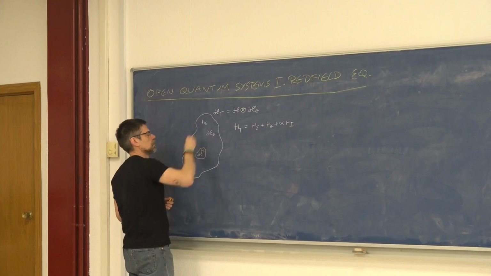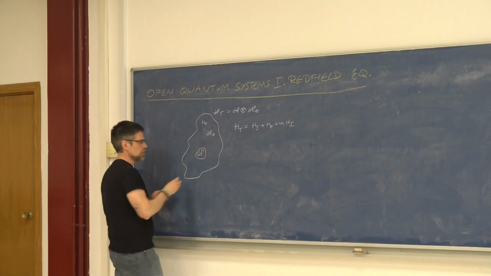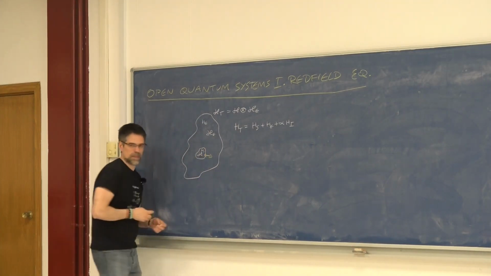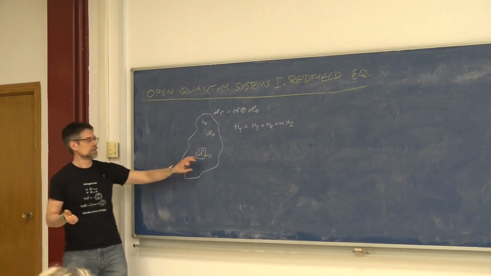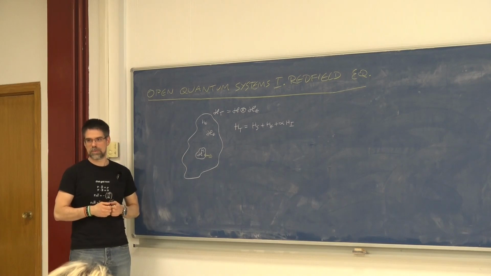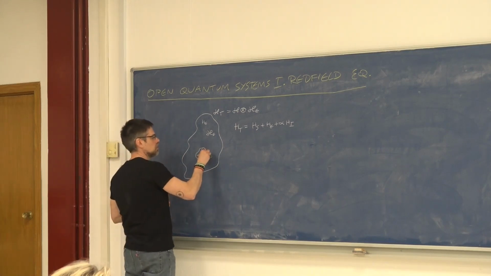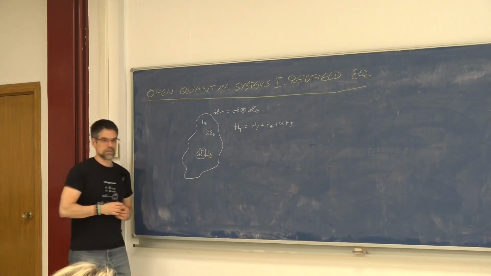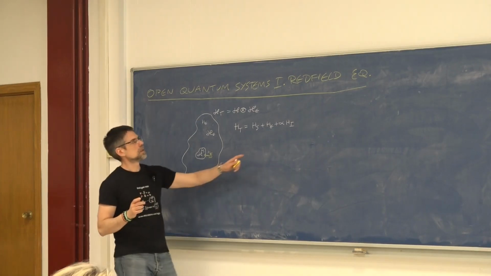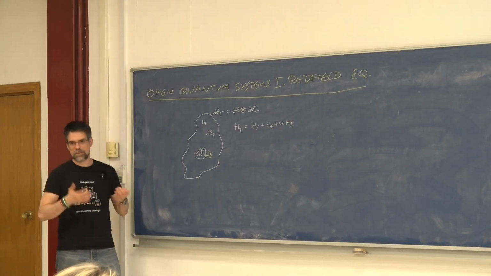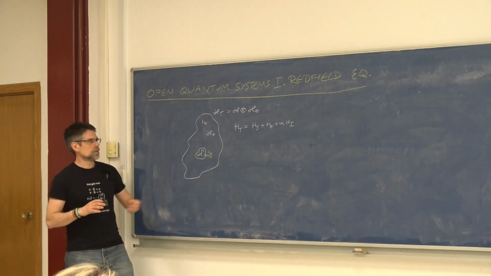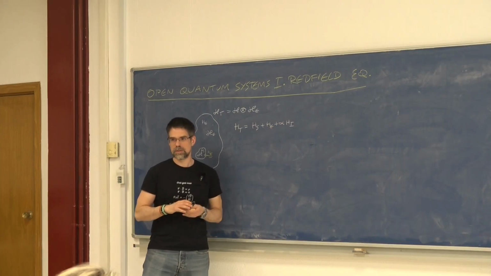Here we have the Hamiltonian of the environment, but we also have, of course, some interaction between the system and the environment, because otherwise we would just work with our system and we wouldn't need to go into open quantum systems. Here you can see that we have included this alpha, and this is very arbitrary because you can also include it in the interaction Hamiltonian.